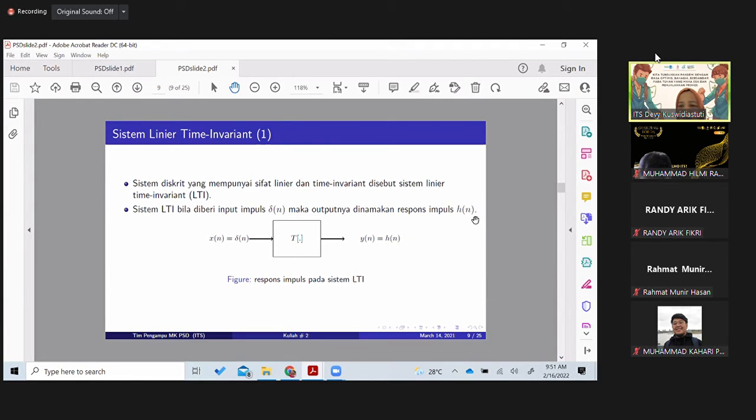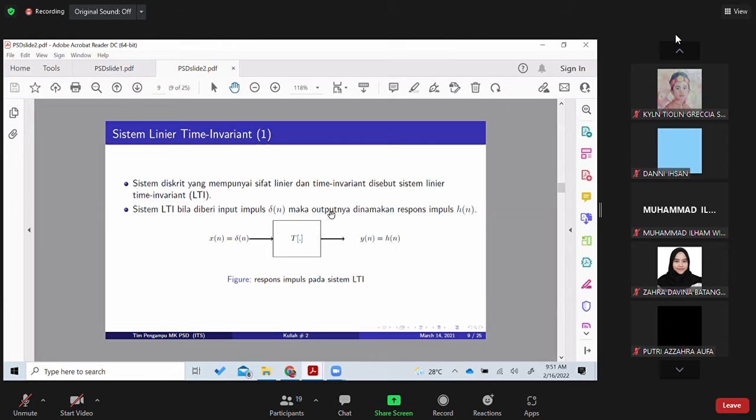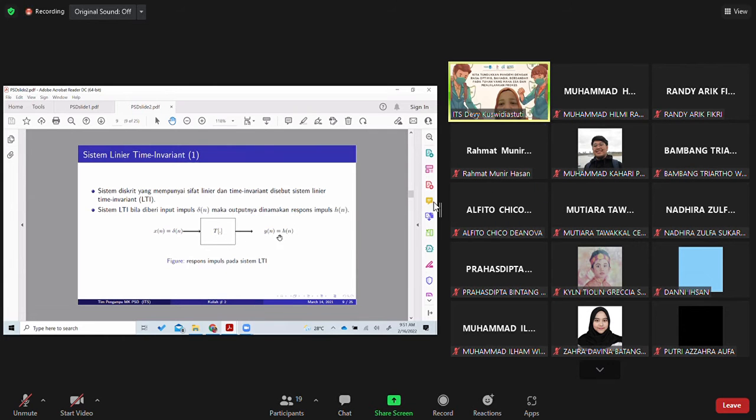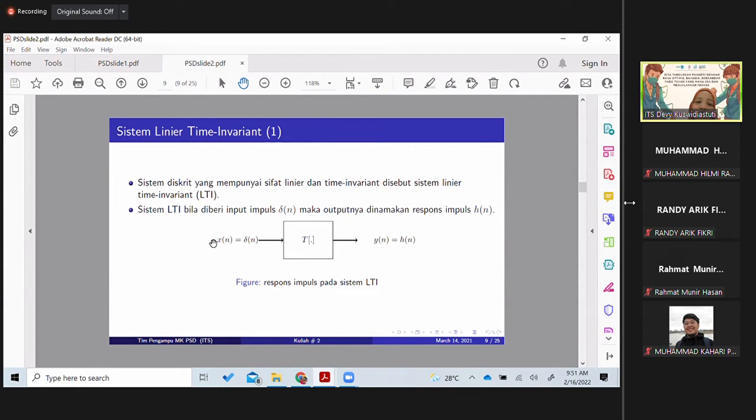It is notated with h[n] here. And what it means by impulse response h[n] is that if we have a linear time invariant system which does a certain transformation here, and then we have an input x[n] and an output y[n], the output of this system is the impulse response if the input is a unit impulse signal.